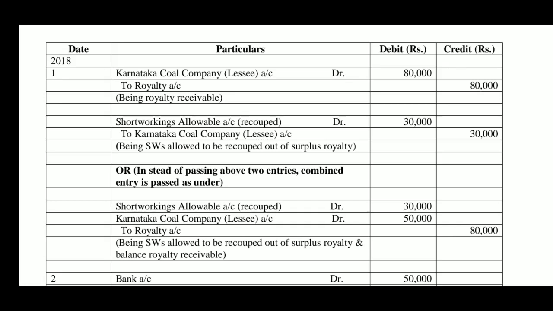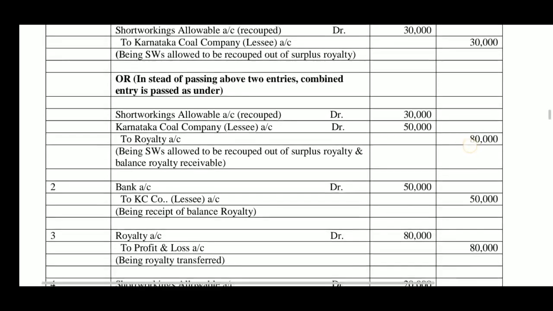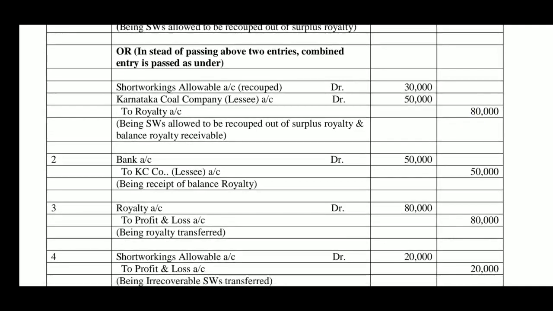Short workings allowable account debtor 30,000, Karnataka Coal Company, that is lessee's account debtor 50,000, to royalty account 80,000, being short workings allowed. SWS means short workings, shortly it is written, being short workings allowed to be recouped out of surplus royalty and balance royalty is receivable.